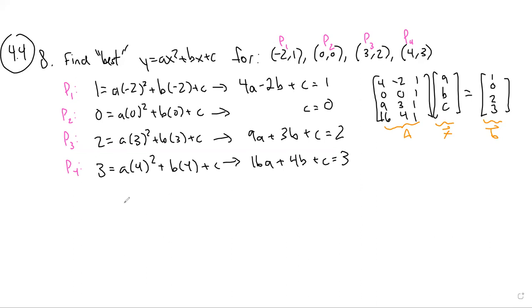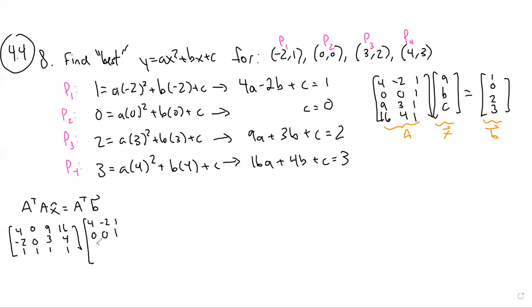And so what we want to do to get this set up is we solve the ATA formula here. So I'm going to set up my A transpose A, and it's going to turn into x hat instead of the x arrow, because it's not going to be the actual x that we solve for here. But then the right side is A transpose B. So we're going to put in this matrix, transpose, 4, -2, 1, 0, 0, 1, 9, 3, 1, 16, 4, 1, and the matrix for 4, -2, 1, 0, 0, 1, 9, 3, 1, 16, 4, 1.